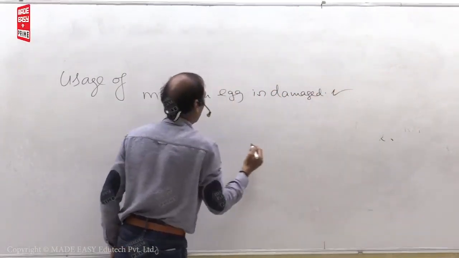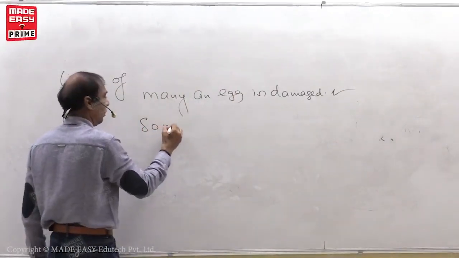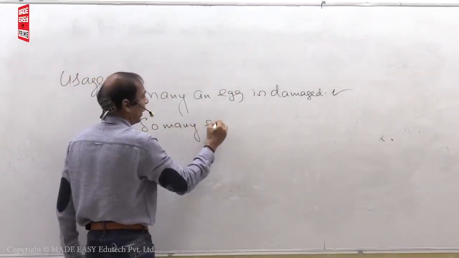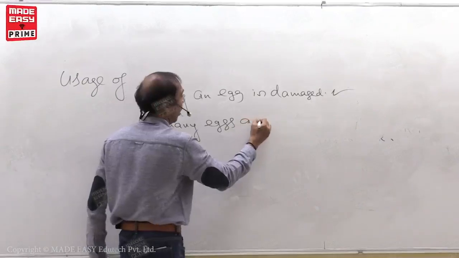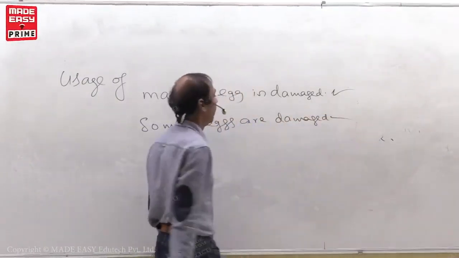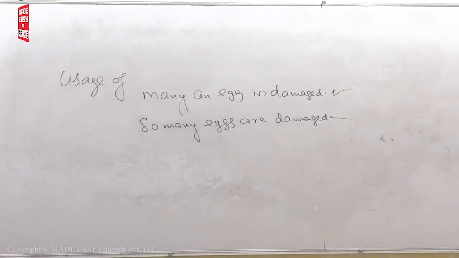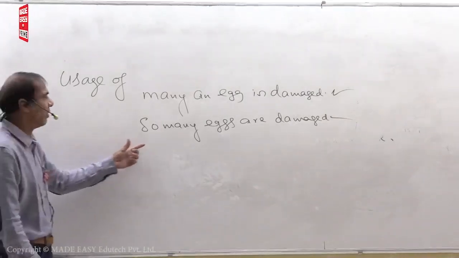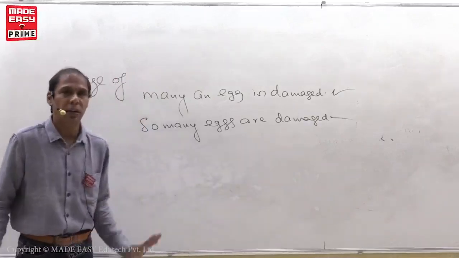It means so many eggs are damaged. Both are correct. Okay, students, many an egg is damaged means so many eggs are damaged.